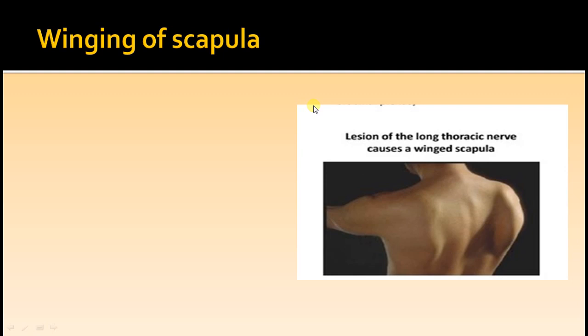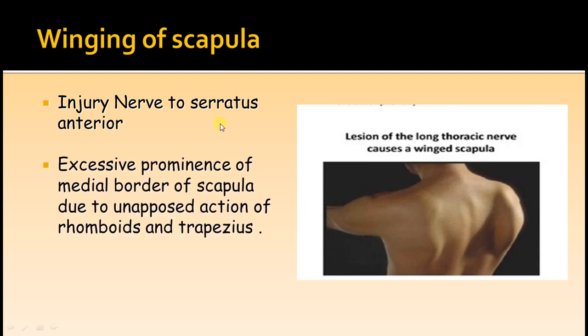Naturally the serratus anterior muscle won't be able to contract, and it leads to a condition called winging of the scapula, which means the serratus anterior is paralyzed. When you try to push or punch with your arm, the medial border of the scapula is raised. It is not opposed to the thoracic wall.